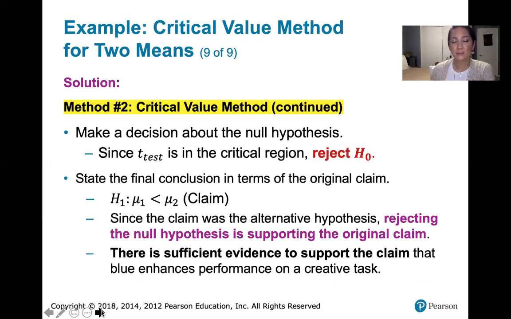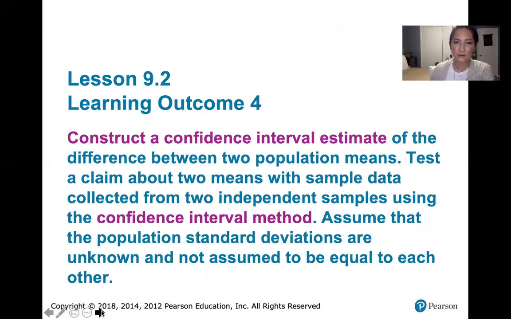And you could say support the claim that mu sub 1 is less than mu sub 2, but we don't want to say that. We want to say it in terms everyone can understand. So we'd like to fill that claim right in. Our claim was that blue enhances performance on a creative task, having blue in the background. And it turns out with this data, there's sufficient evidence to support the claim that blue enhances performance on that creative task. So that's the critical value method.